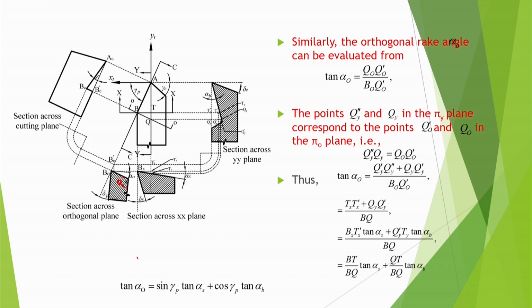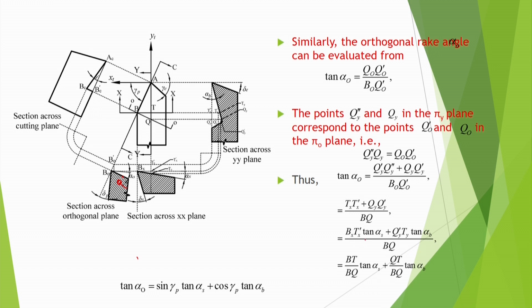Once we have established this, then it becomes very easy. Tx prime is equal to Bx Tx prime into tan alpha S. In this view it is apparent, Bx Tx, this one. And similarly Qy prime is apparent: Qy prime into Ty into tan alpha B, divided by BQ.